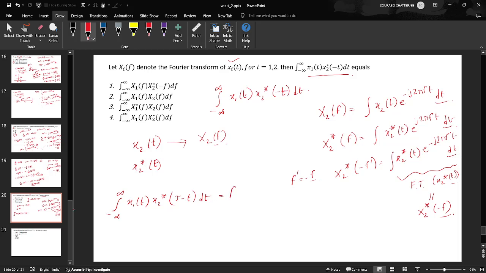It is basically the correlation between x1 and x2 star, r_x(tau).